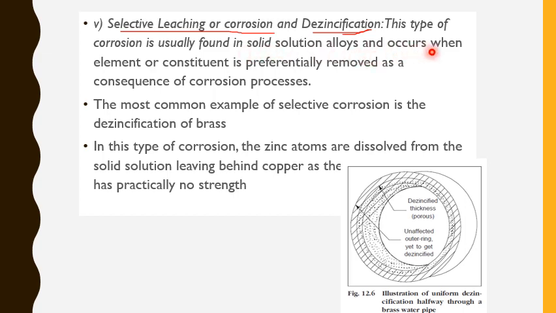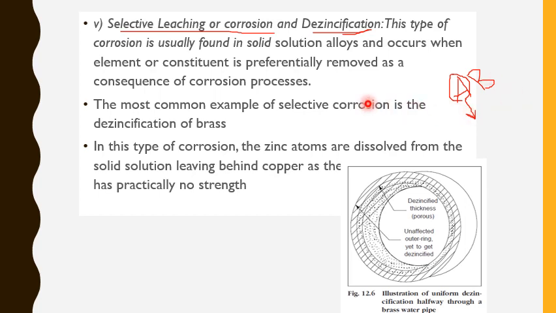Solid solution alloys, and it occurs when an element or constituent is preferentially removed as a consequence of the corrosion process. For example, there is an alloy of metal A and metal B. Corrosion takes place, and one of the two metals is corroded and the other metal is not corroded.